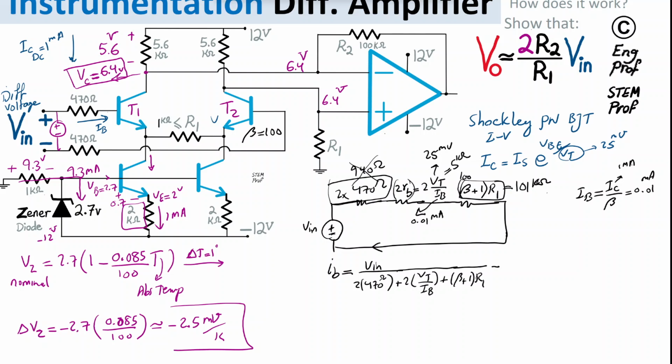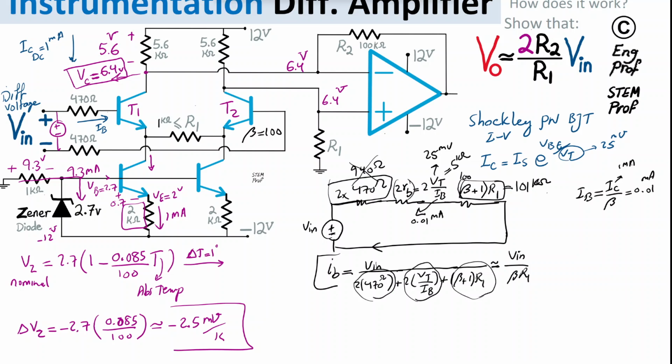Effectively, given that this is 5K, this is less than 1K, and this one is at least, with the minimum R1 of 1K, actually preferably larger, we can say this is approximately Vin over just beta R1. So that is the current of the base.